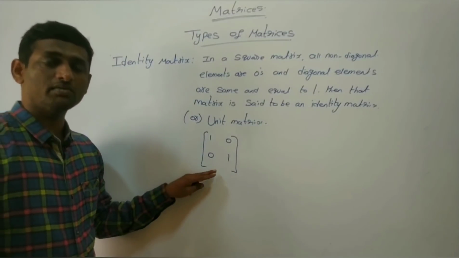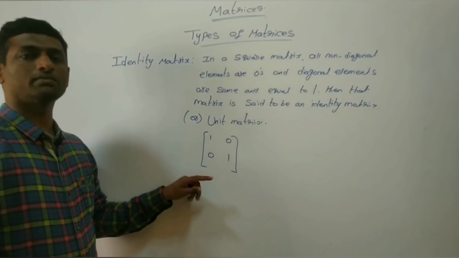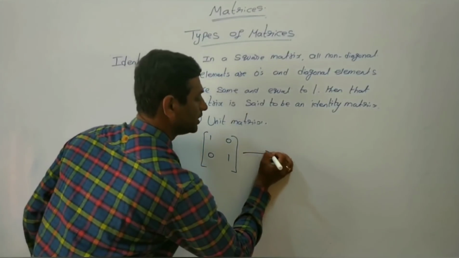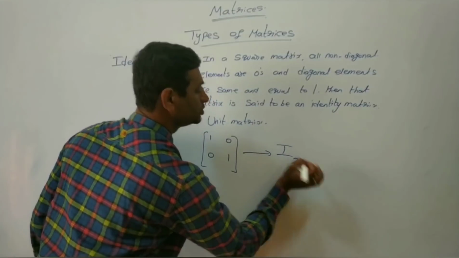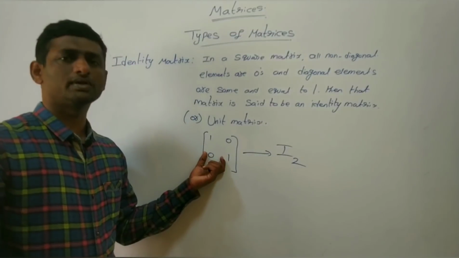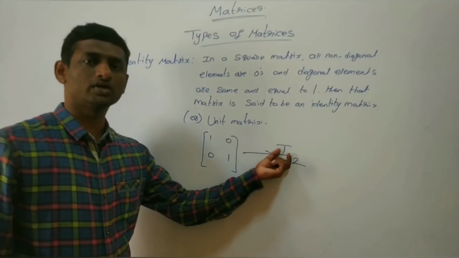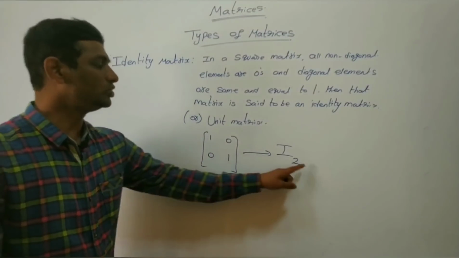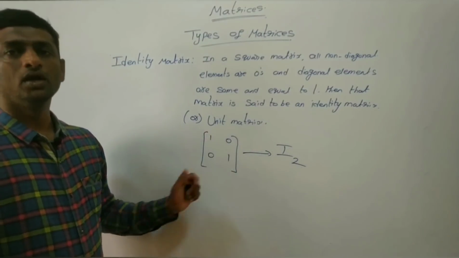It is a scalar matrix. From the scalar matrix, as it is 1, it is said to be an identity matrix. It is denoted by capital I2. Normally, as matrices are represented by capital letters, here I is also a capital letter. I represents an identity matrix of size 2 because it has 2 rows and 2 columns.